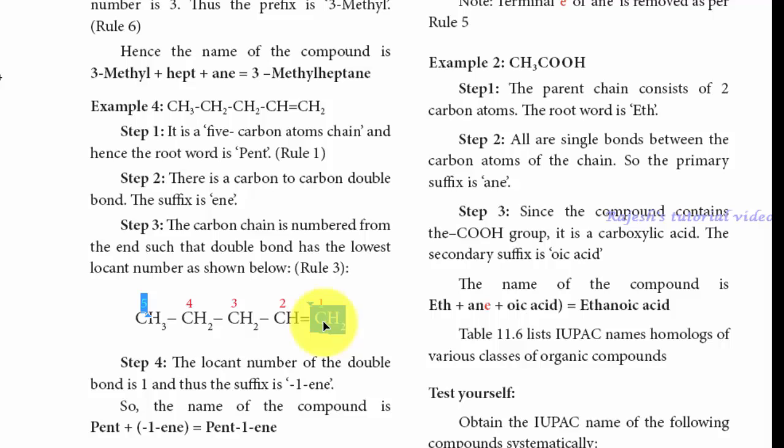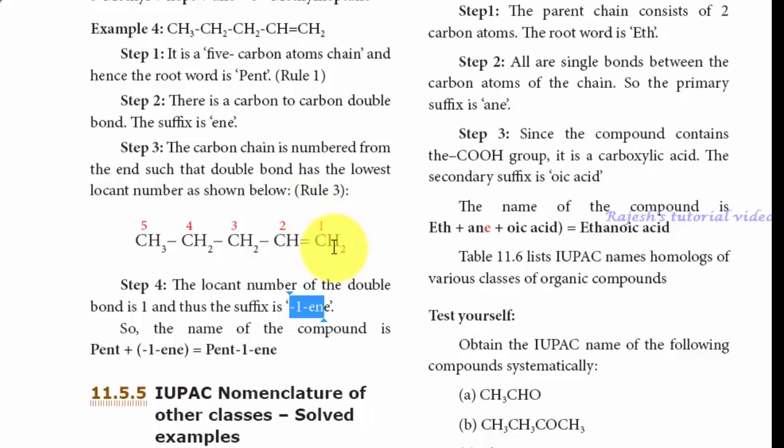So the numbering of the carbon chain should start from the right. Only then will the double bond have the lowest locant number. The locant number of the double bond is 1, and so the suffix is 1-ene. So the name of the compound becomes pent plus 1-ene. Pent-1-ene, pentene.